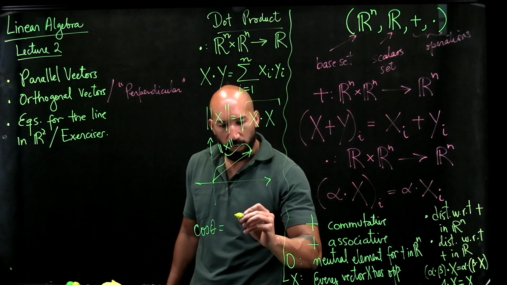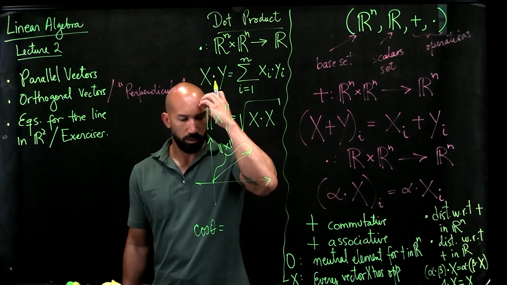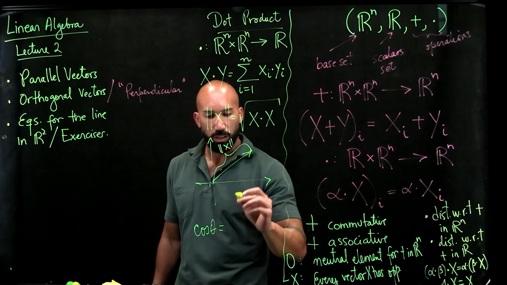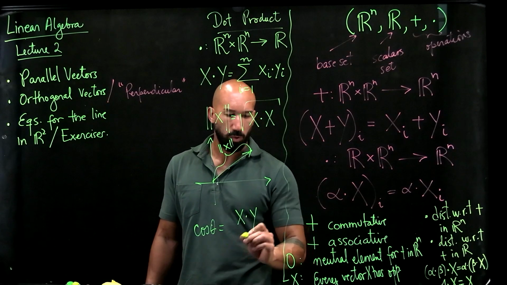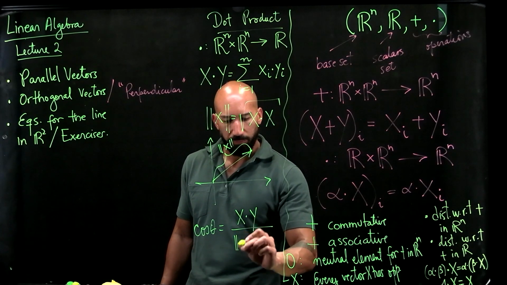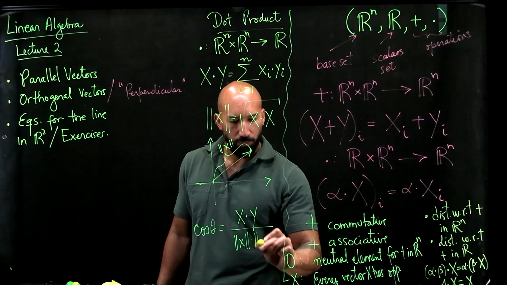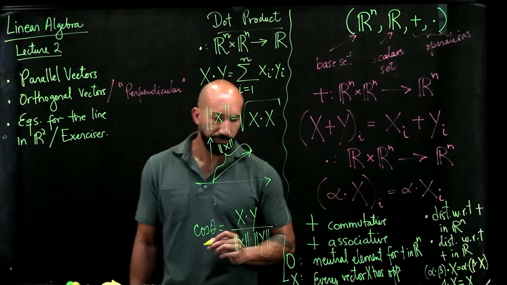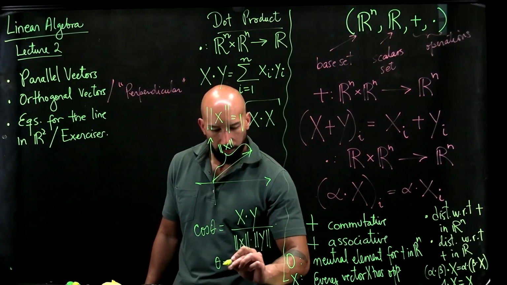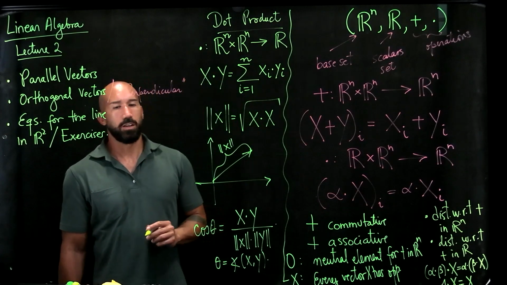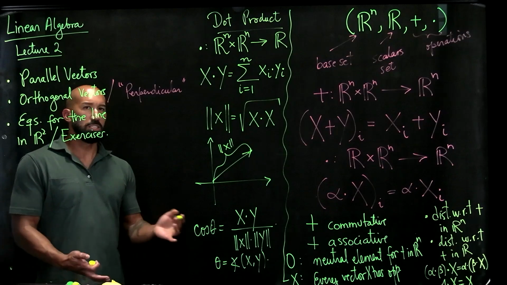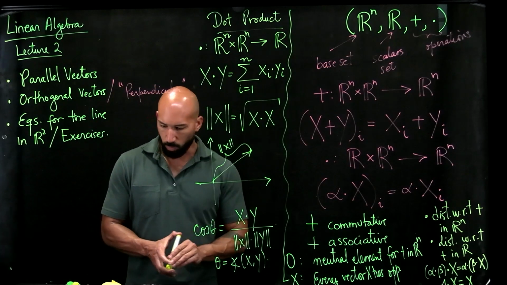The cosine of theta, the angle between the vectors x and y, is x dot product y divided by the magnitude of x times the magnitude of y. This is basically what we did last class.